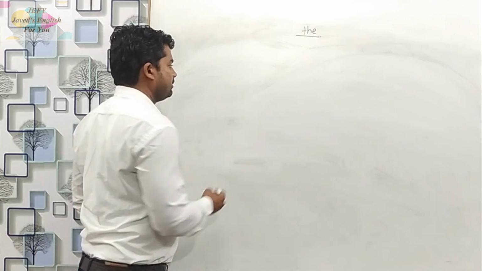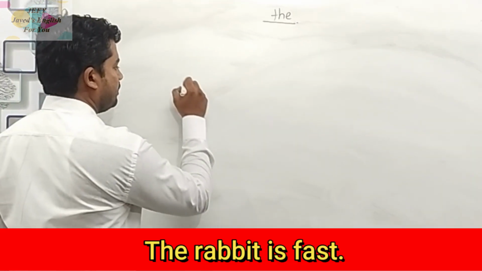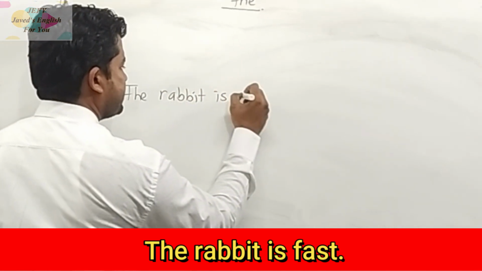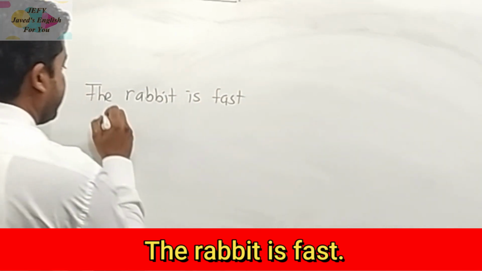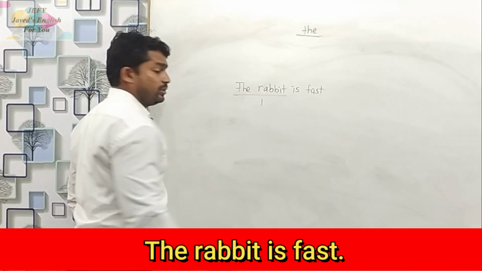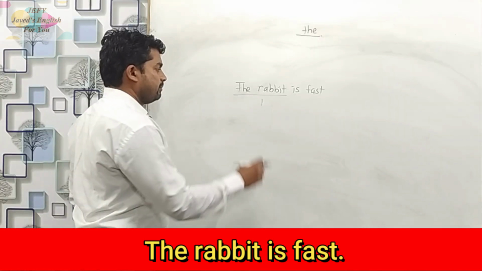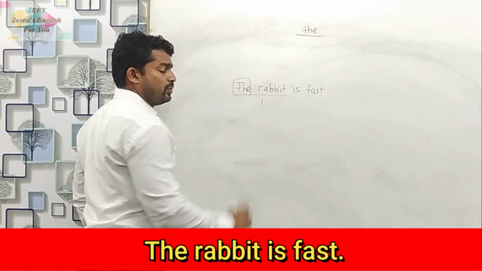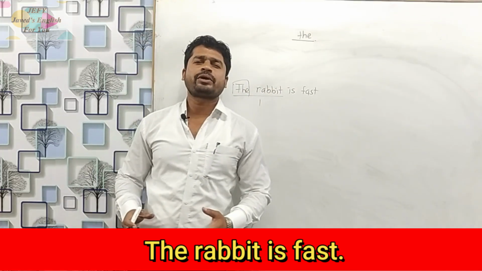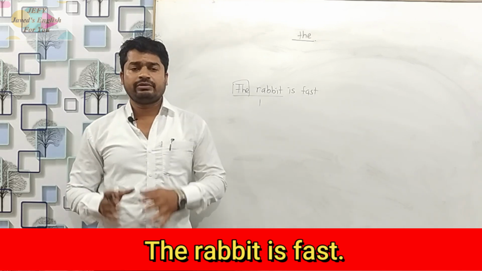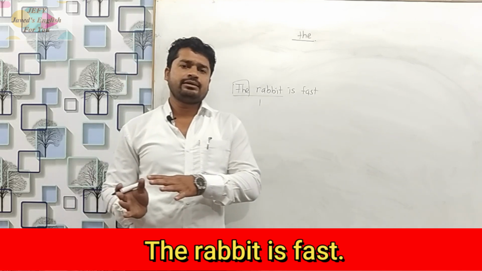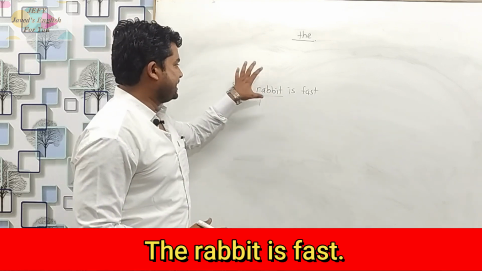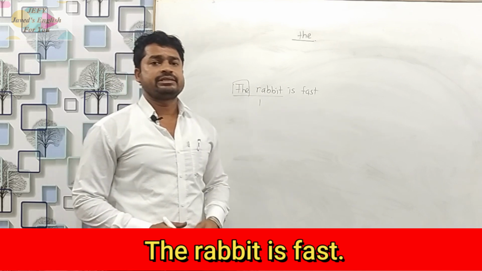Now look at this example. The rabbit is fast. The rabbit is a singular noun. Okay, but before this singular noun we are using the, so it represents the whole class. Here we are not talking about a single rabbit. Okay, we are talking about entire rabbits in the world. Okay, the rabbit, this represents all the rabbits present in the world.